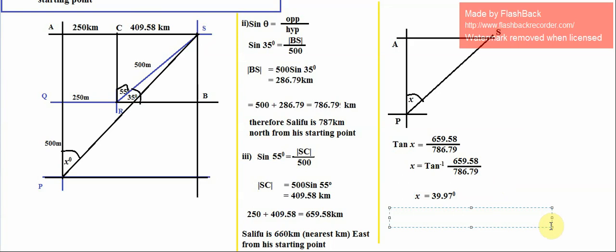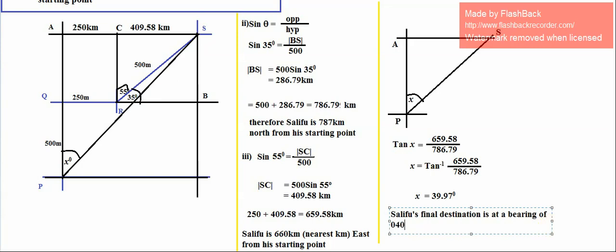So hence Salifu's final destination is at the bearing of 040 degrees.